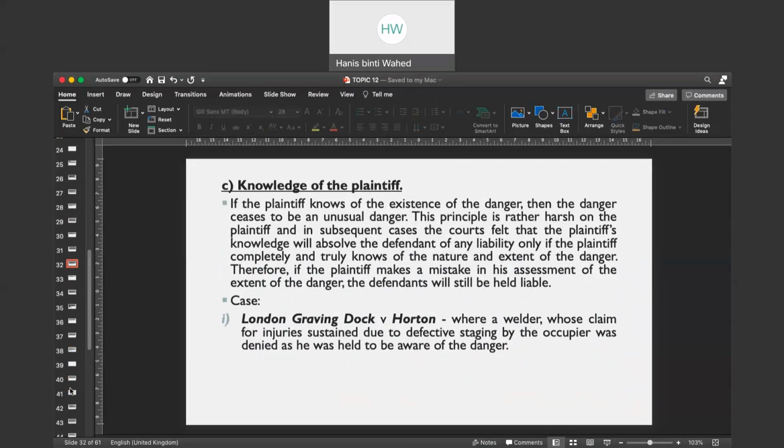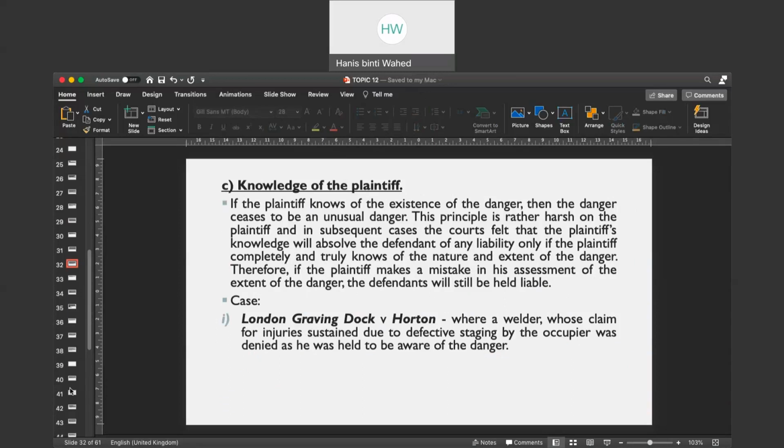If the danger is known, we can presume that the danger is usual. In simple words, if the plaintiff, the invitee, knows about the danger, the occupier owes no duty of care towards him.